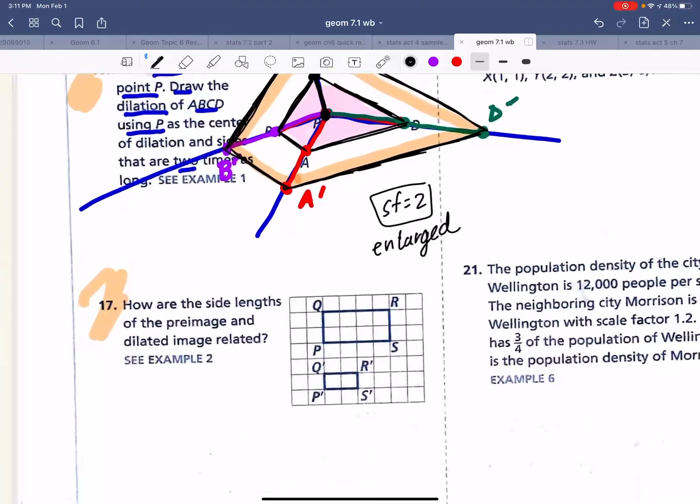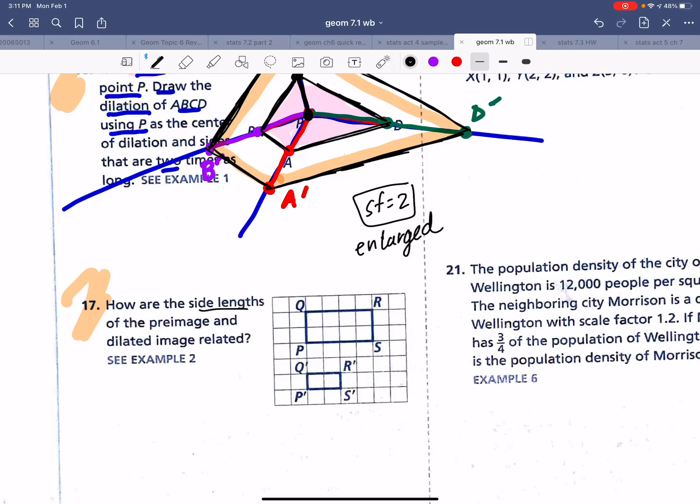Question number 17. How are the side lengths of the pre-image and the dilated image related? Okay, so how are they related? So if I connect, the same thing, I've got to connect P and P prime, Q and Q prime, R and R prime, S and S prime.